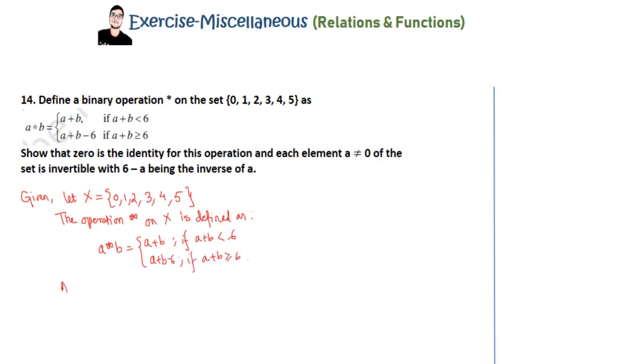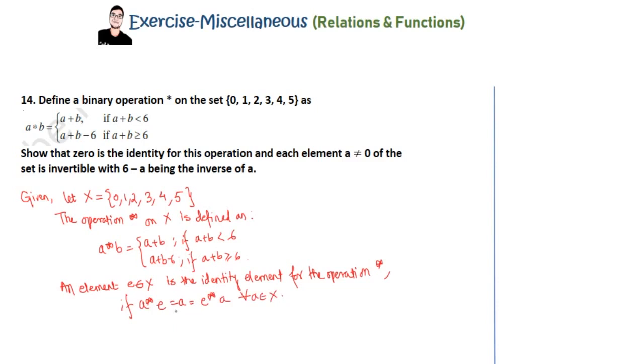Now an element e belongs to X is the identity element for the operation star if a star e is equal to e star a for all a belongs to X. This by definition we know.